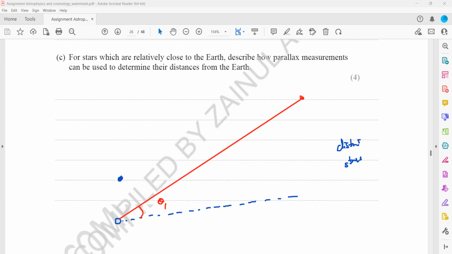Then after a 6-month duration, we measure again the position relative to the origin, relative to the distant stars after 6 months.